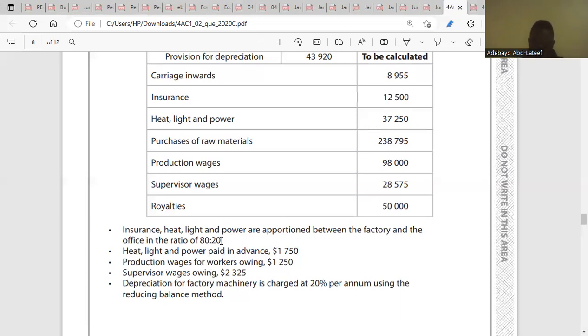Do you get what I did now? They said insurance is 12,500. Heat, light, and power is 37,250. But in the additional information, they said insurance, heat, light, and power are apportioned between the factory and the office in the ratio of 80-20. So that means 80 for insurance, 20 for heat, light, and power.